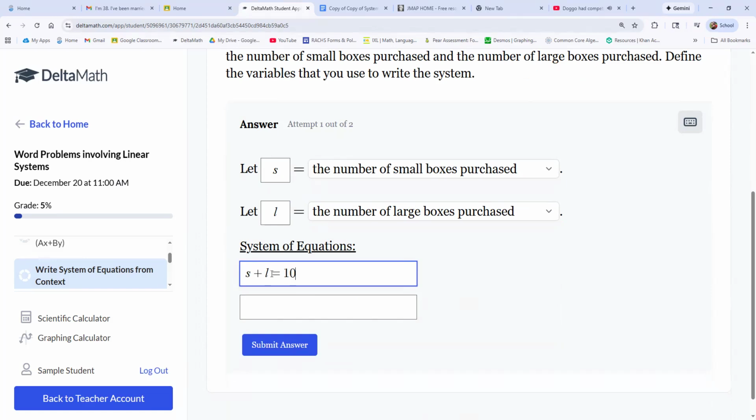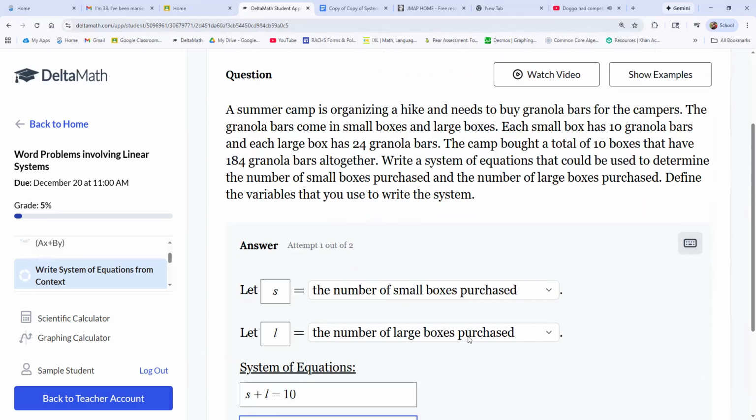Remember, all the units for this are boxes: small boxes, large boxes, 10 boxes. And then the other one is granola bars. So when we multiply 10 times S, that tells us the number of granola bars that we got from the small boxes. When we do 24 times L, that tells us the number of granola bars that we get from the large boxes. And we had a total of 184.